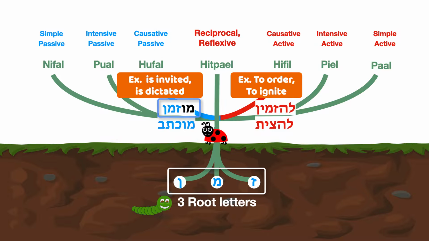In our first Whofoul example, we have these root letters, זין מם נון סופית. So, by applying the Whofoul rule, let's add a mem and a vav before the root. This will form the verb, מוזמן. That means is invited.